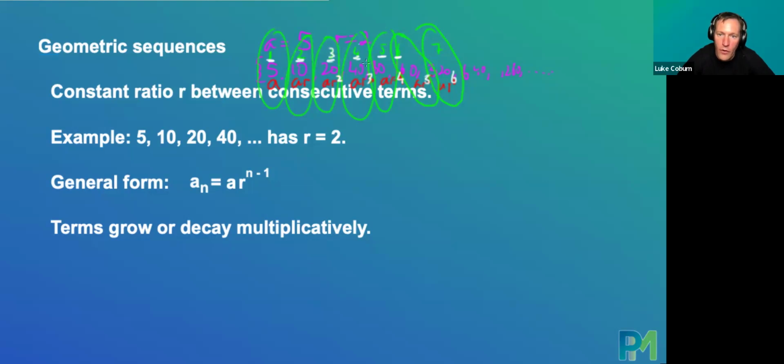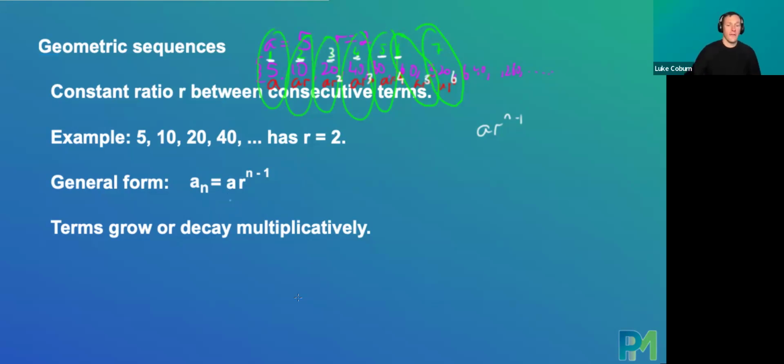So this is a r to the power of n minus 1. That's why it's that. So an is a times r to the n minus 1. It's just take the starting number and multiply it by r. Just like if this is a7, then take a and multiply it by r 6 times. Or if it's a10, then take a and multiply it by r 9 times.